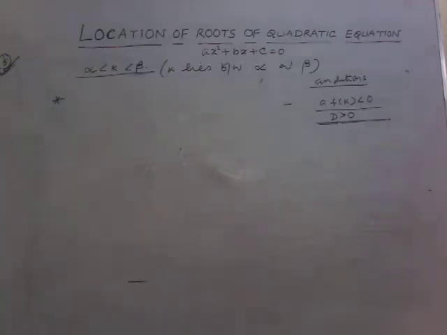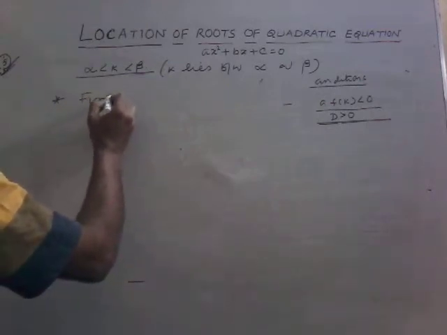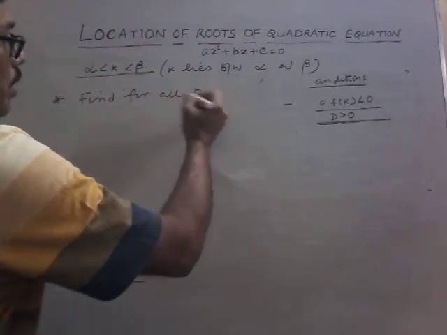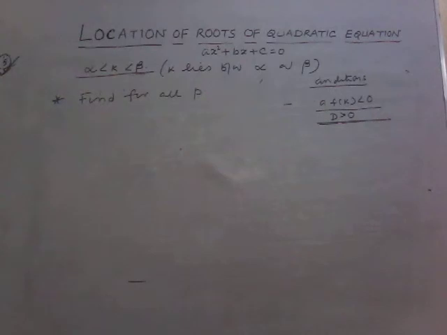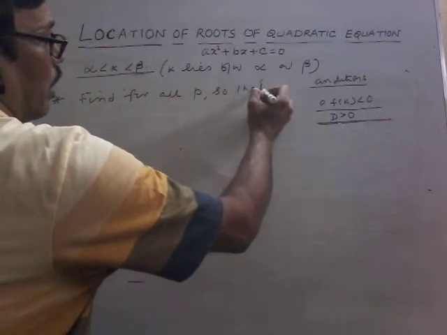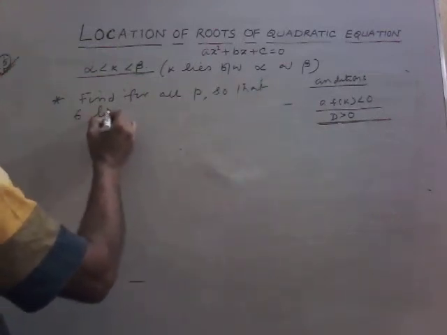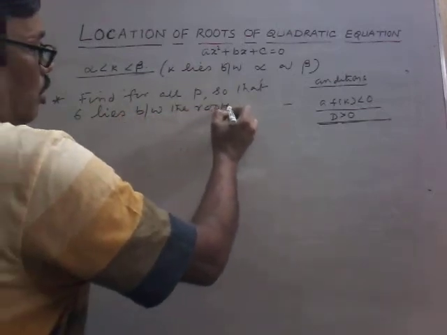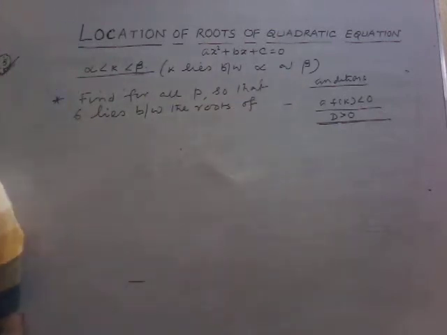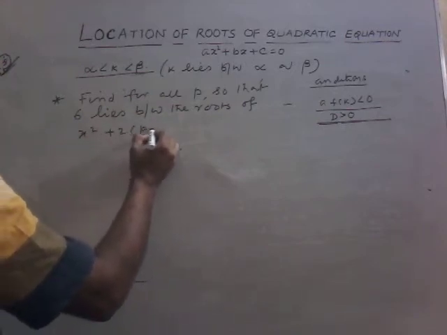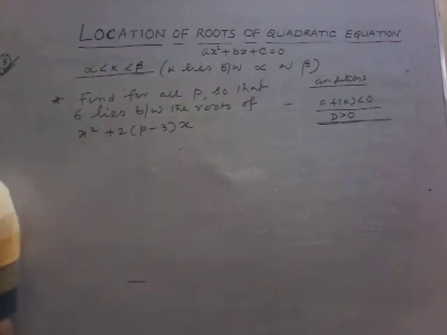Find for all p's so that 6 lies between the roots of, what is our equation? x square plus 2 into p minus 3 into x plus 9 equals to 0.